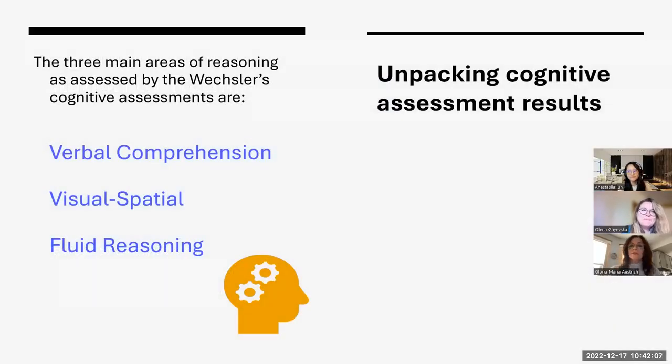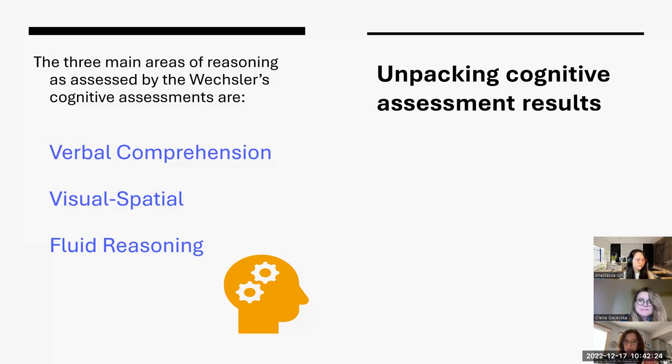Okay, so the three main areas of reasoning assessed by the Wechsler's cognitive assessment are the following: verbal comprehension, visual spatial reasoning, and then fluid reasoning. I am using the evaluations by the Wechslers, which include the WPPSI, a cognitive assessment used for young children up to the age of 6.